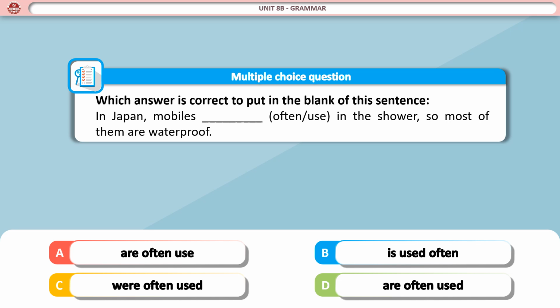And I can see that there's an adverb here. So try to put it in the correct position. You have four options here. A, are often used. B, is often used. C, is used often. So sorry. C, were often used. And D, are often used. Try to put in the correct answer.